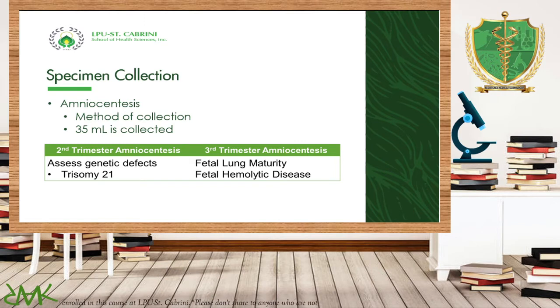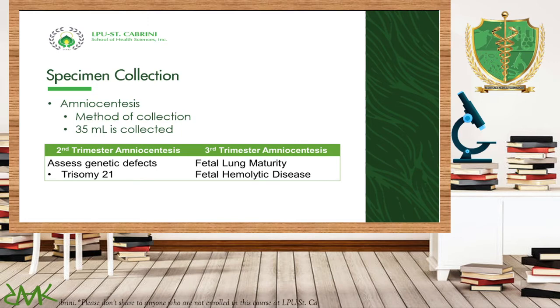That's also the same thing in amniocentesis. Amniocentesis is the procedure to collect our amniotic fluid. Remember that as much as 35 ml of amniotic fluid can be collected. And take note of this.